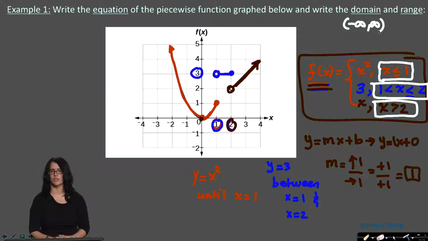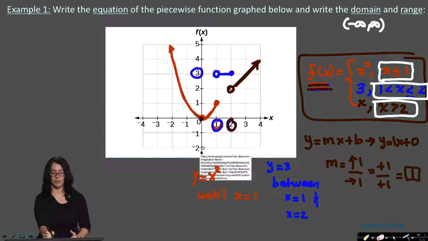How about the range? Is there any output that we never reach? Well, looking at the graph, we can analyze that. It does appear that there are some y values that would never get reached, and those are y values below 0, right? We notice that there's no numbers that are being output below 0. We also see a little gap in the graph here, so you might think, well, what about values between y equals 1 and y equals 2? Well, if that was the only part of the graph, then yes, you're right.